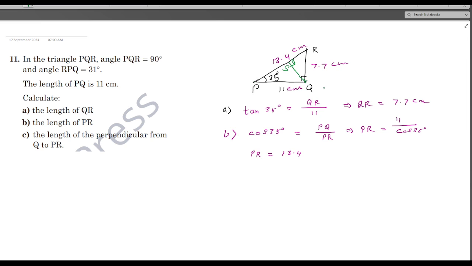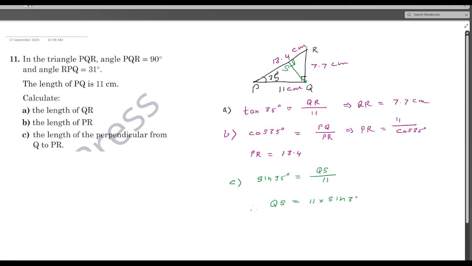Now in triangle PQS, if we apply sine of 35 degrees, it is equal to the opposite side, which is QS, divided by the hypotenuse, which is 11. So this gives you QS equal to 11 times sine 35 degrees.